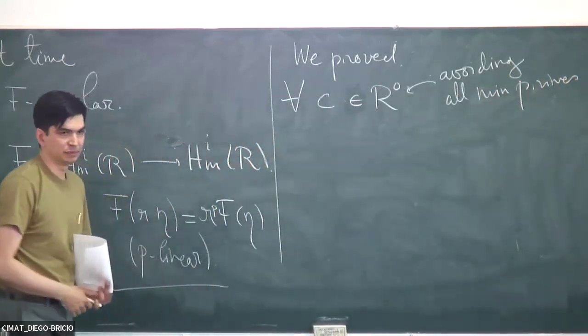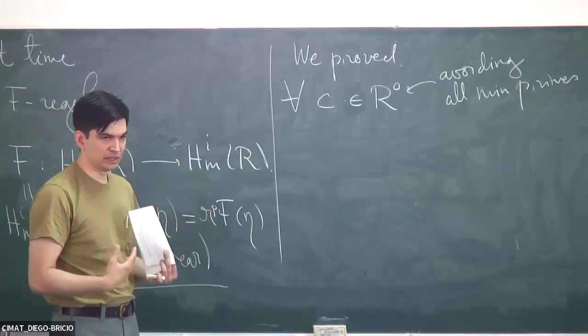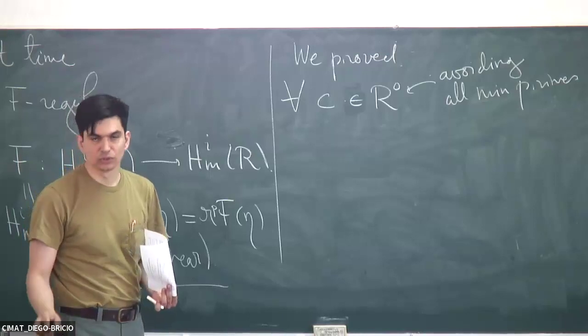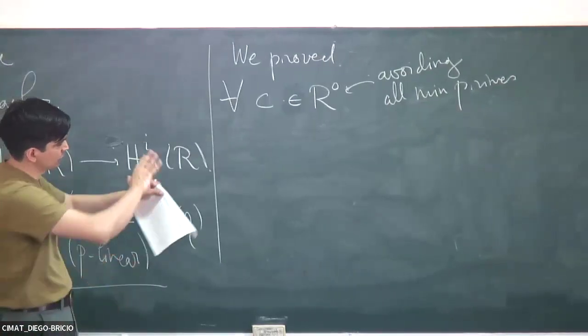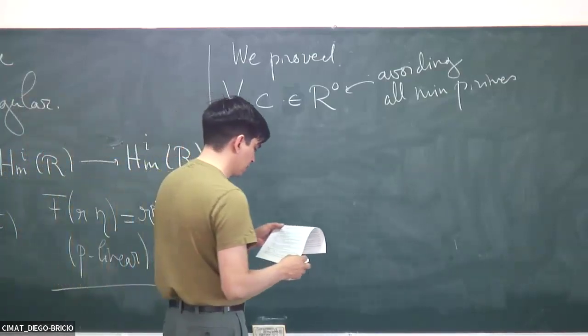Recall that geometrically this means that when I localize at c, in that open I'm going to contain all the minimal primes of R as points. So when I localize at c, I preserve all the irreducible components of R. I don't ignore any of them.